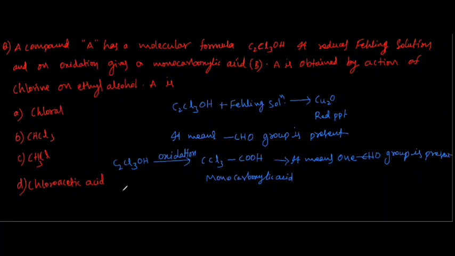From the given data, the alcohol C2H5OH reacts with chlorine to form CH3CHO. The byproduct is 2HCl.